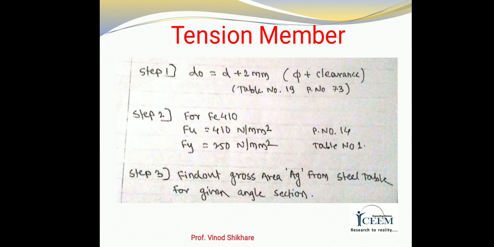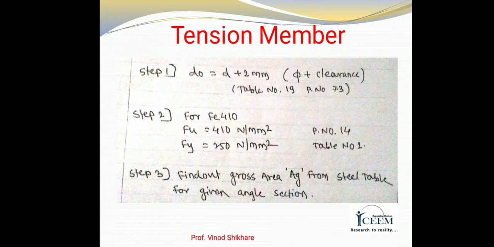Then step 1: D0, the diameter of hole, is equal to D plus 2 millimeter, that is diameter plus clearance. The specifications are given in table number 19, page number 73 of IS 800 2007.